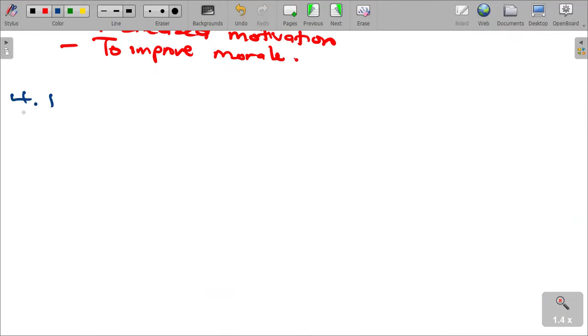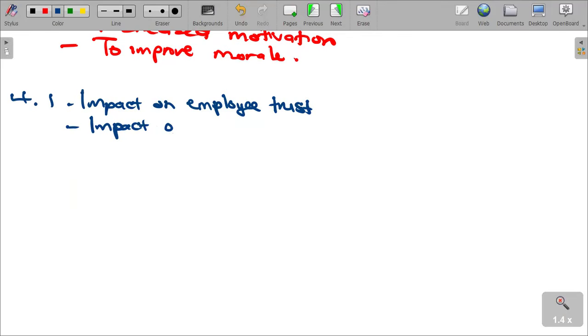4.1. We can find that it has an impact on employee trust. And also we can find that it does have an impact on teamwork. And you can find that there's lack of recognition for risk taking.